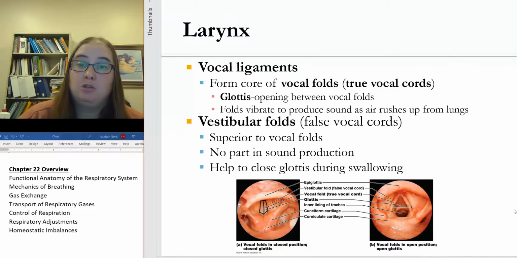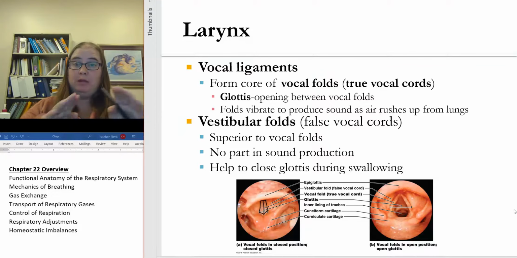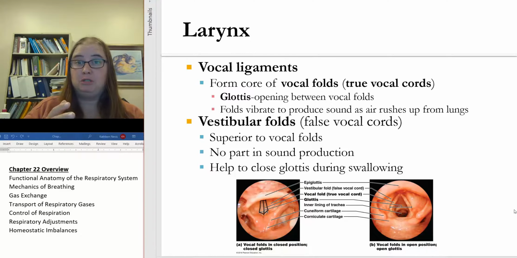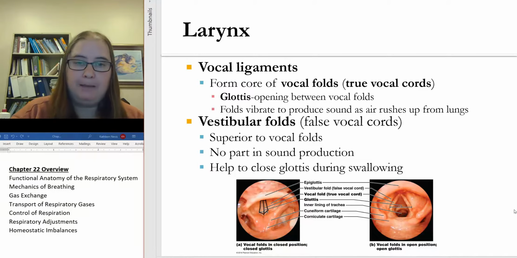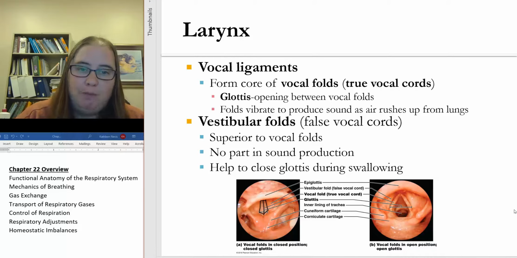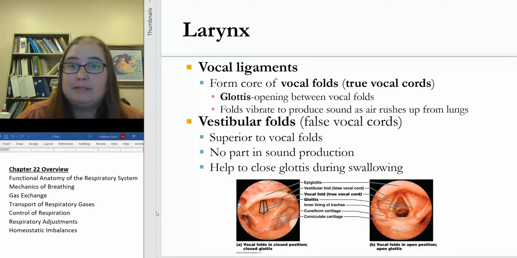Those ligaments open and close, producing different sound pitches. When this is open, the hole that's created is known as the glottis, the opening between our vocal folds. These folds will vibrate as air rushes in and out, creating the sound that you are all hearing as I talk.